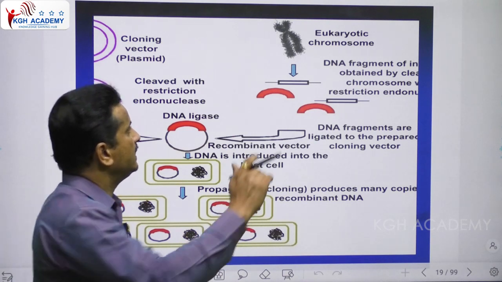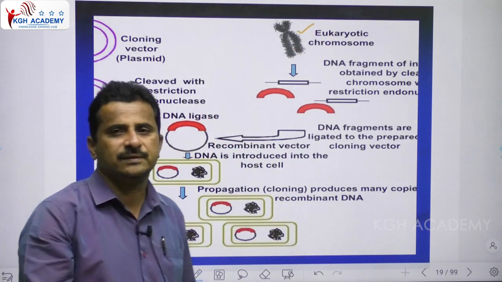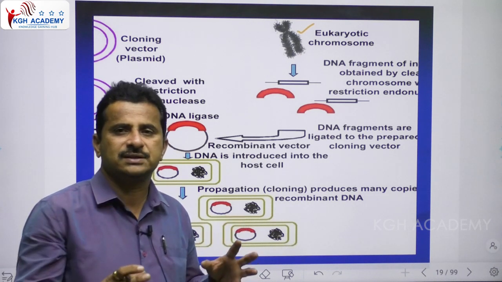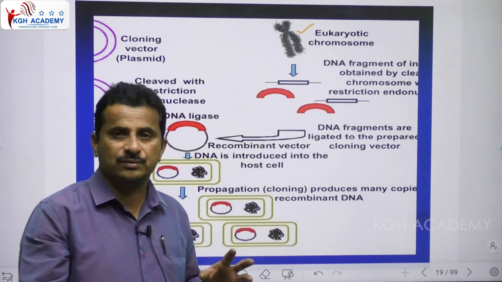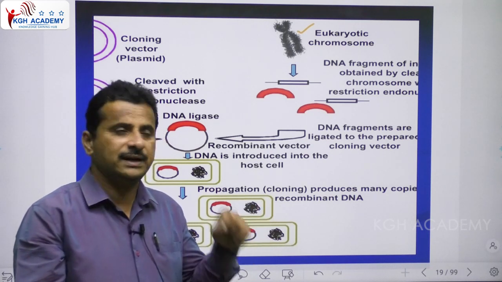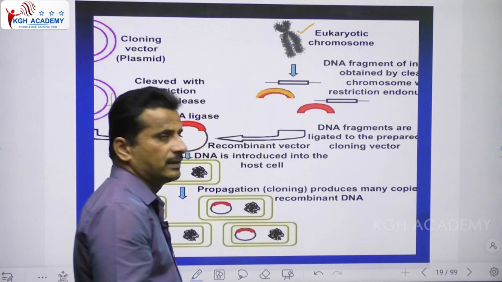And see, this is the eukaryotic chromosome. Eukaryotic means organisms which contain a real nucleus. Chromosomes contain DNA, so we isolate a DNA from this chromosome. See, this is the isolated DNA.